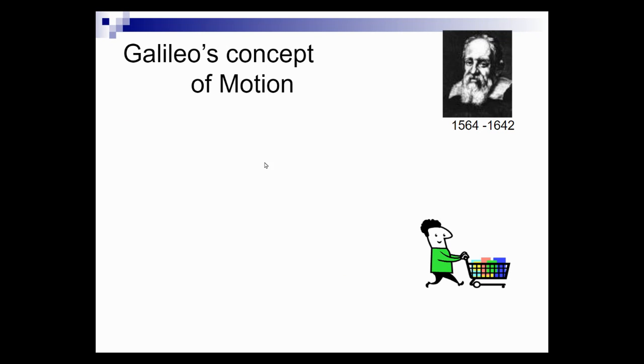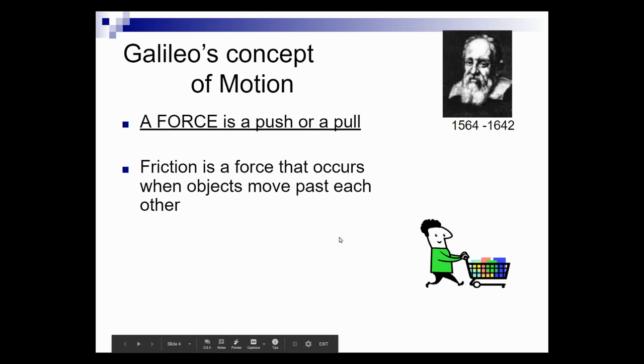Then Galileo comes along with his concepts of motion. He was around from about 1564 to about 1642. A force is a push or pull, and that concept is still used today. Friction is just a force that occurs when objects move past each other.